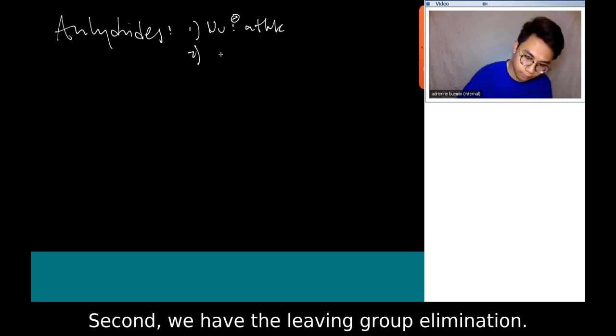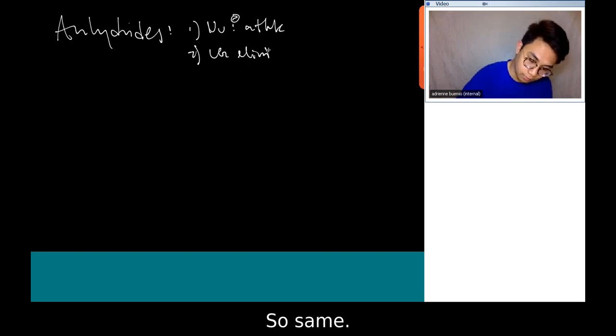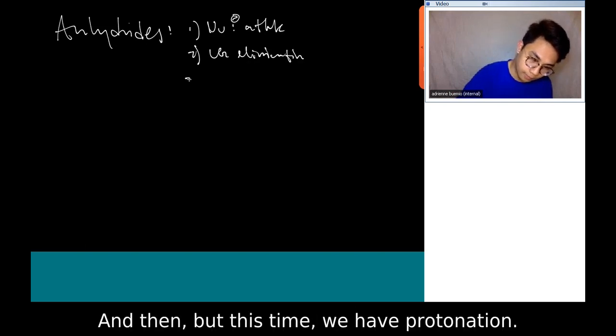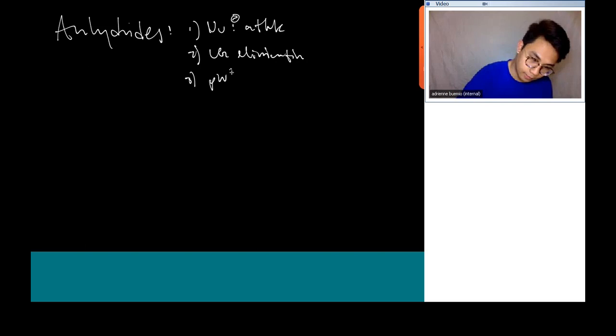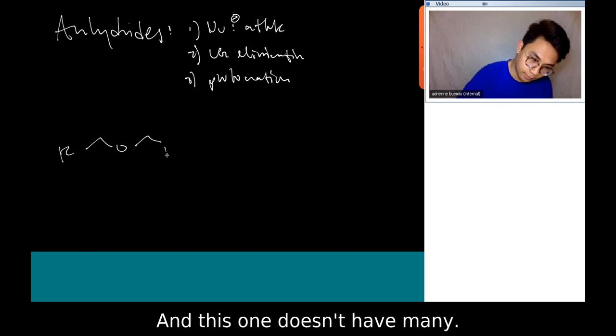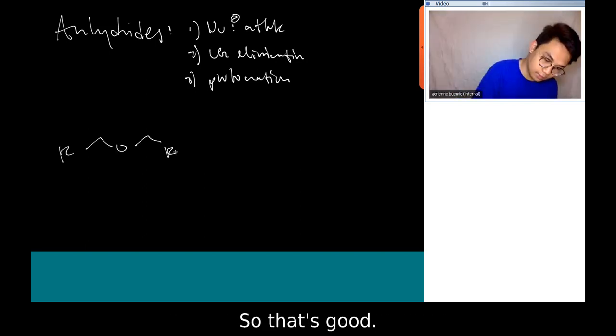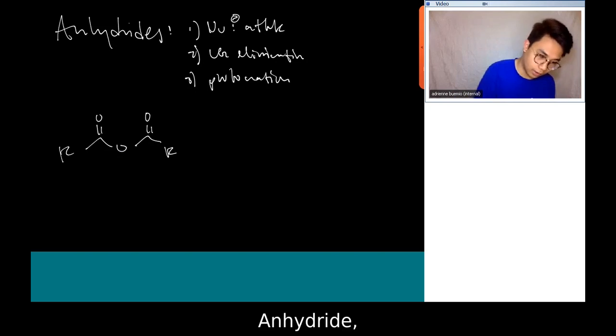Second, we have the leaving group elimination. So same. But this time we have protonation. And again, let's do this. And this one doesn't have many, so that's good. So let's start with that anhydride.